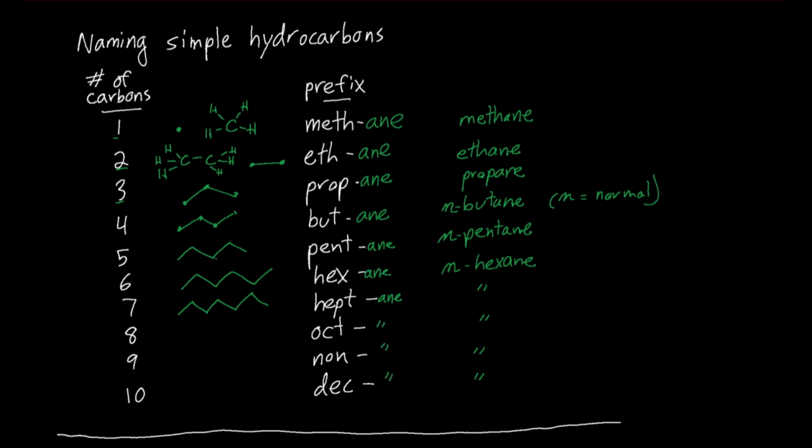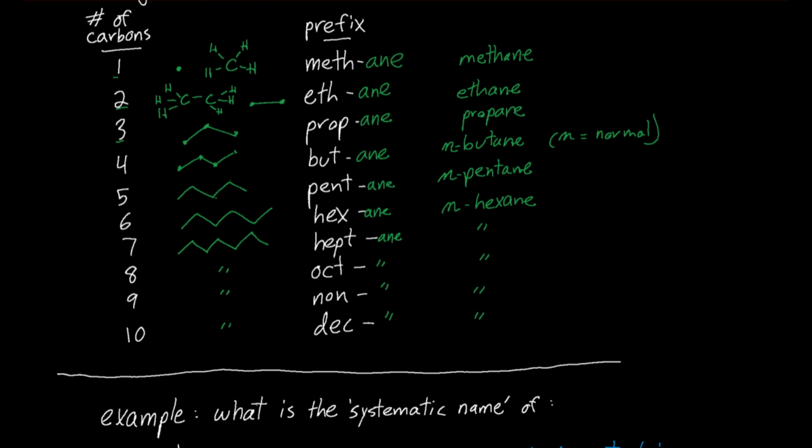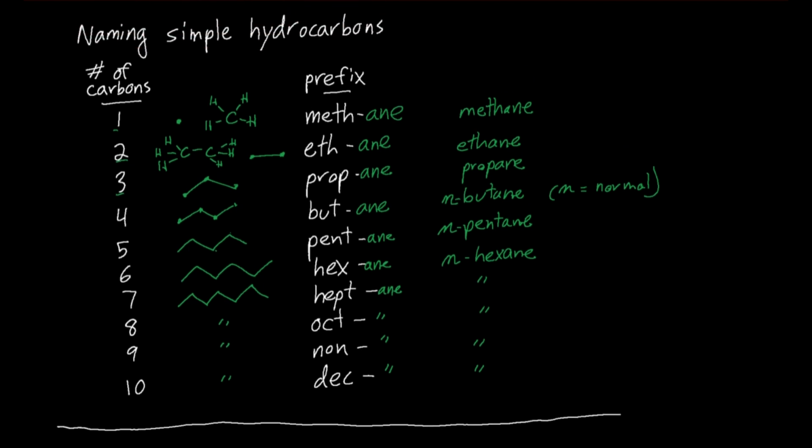Octane, nonane, decane. I'll let you fill these out on your own. When you get up to molecules like decane, you've got many isomers. So it's probably wise to say N or normal in front of all the straight chain molecules. So those are the simple hydrocarbons.